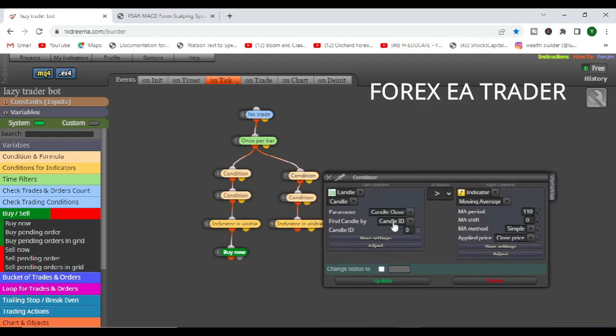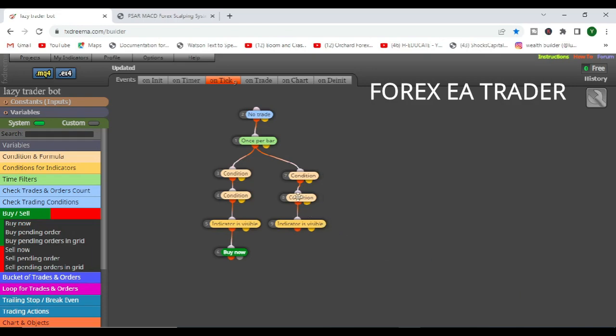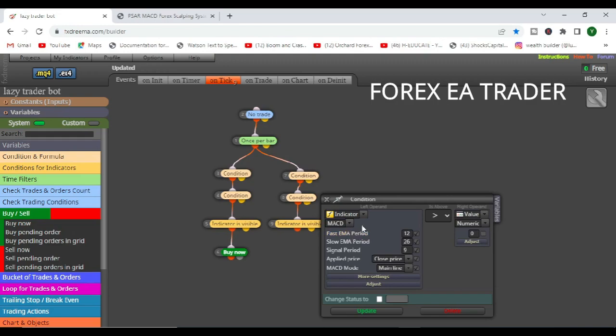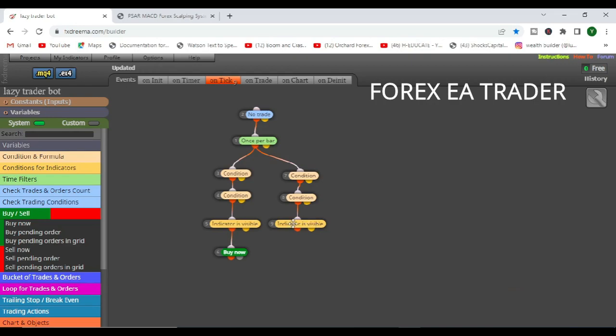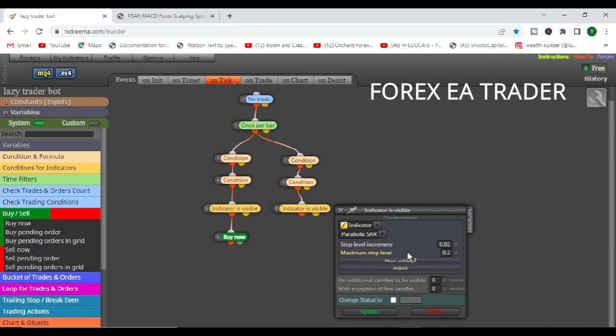Now we want price to be below the moving average. So our candles need to be below the moving average, and our MACD needs to be below the zero line. We just update. Then obviously the parabolic SAR, we don't need to change anything here.